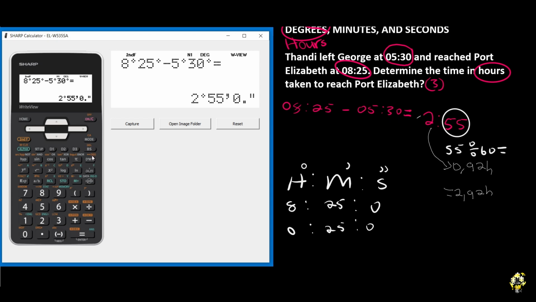We want to change this whole time into just a decimal format, a format that is not time. So let's press it, DMS. There we go, change. See what I'm talking about? We have 2.92 rounded off to 2 decimal places, hours. So we'll get to that, but that's what I wanted to show you.